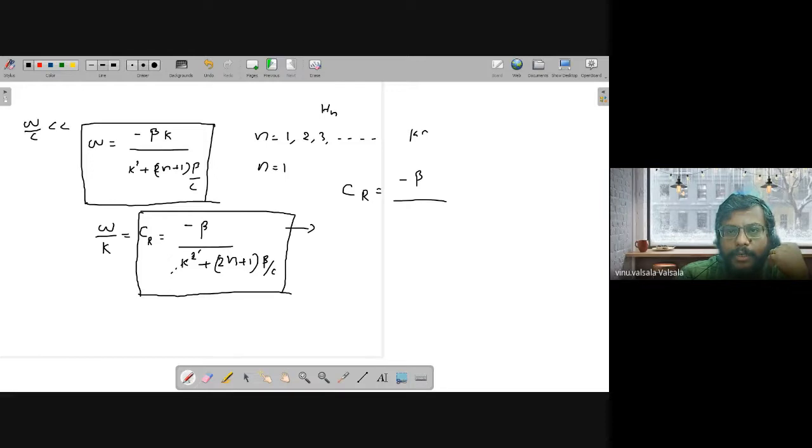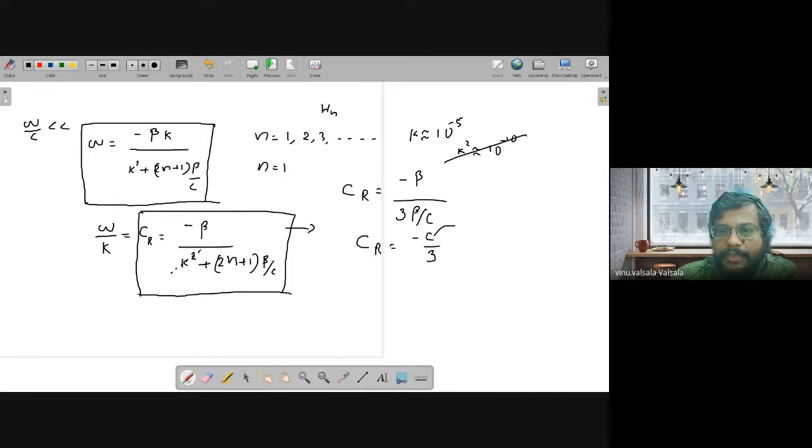K is approximately of the order of 10 to the power minus 5, so k square will become 10 to the power minus 10, which we can neglect. So neglecting k square, for n equal to 1, I get 2n plus 1 is 3 beta divided by c, or the speed of the wave is equal to minus c by 3.